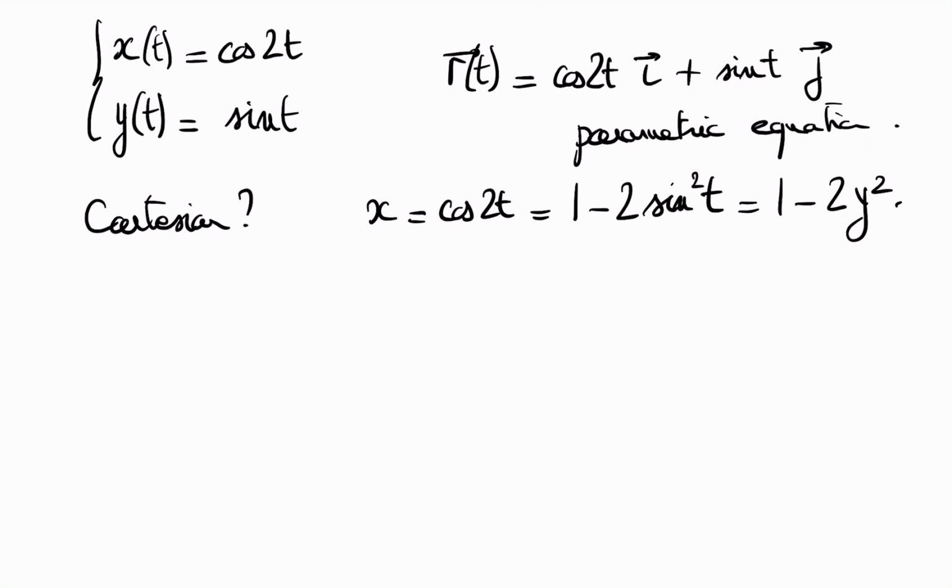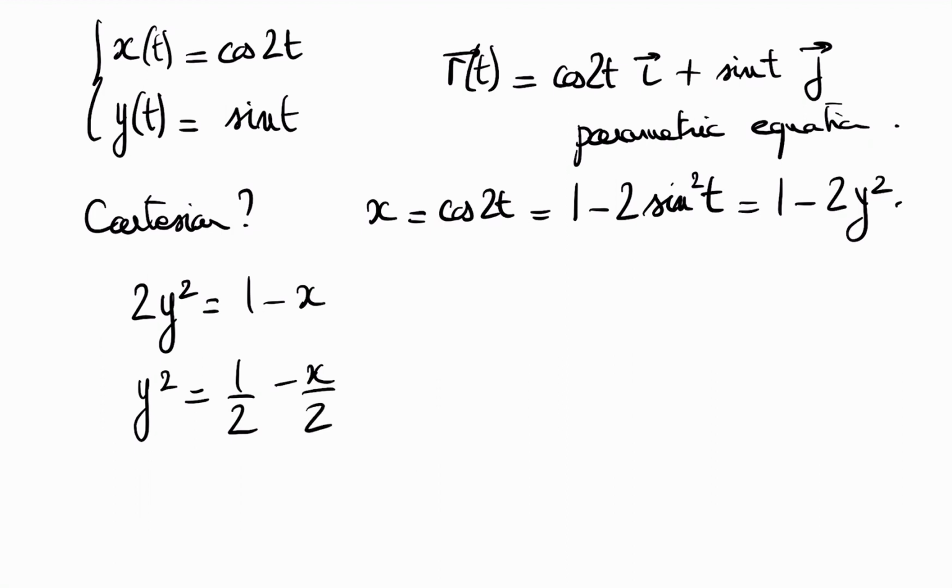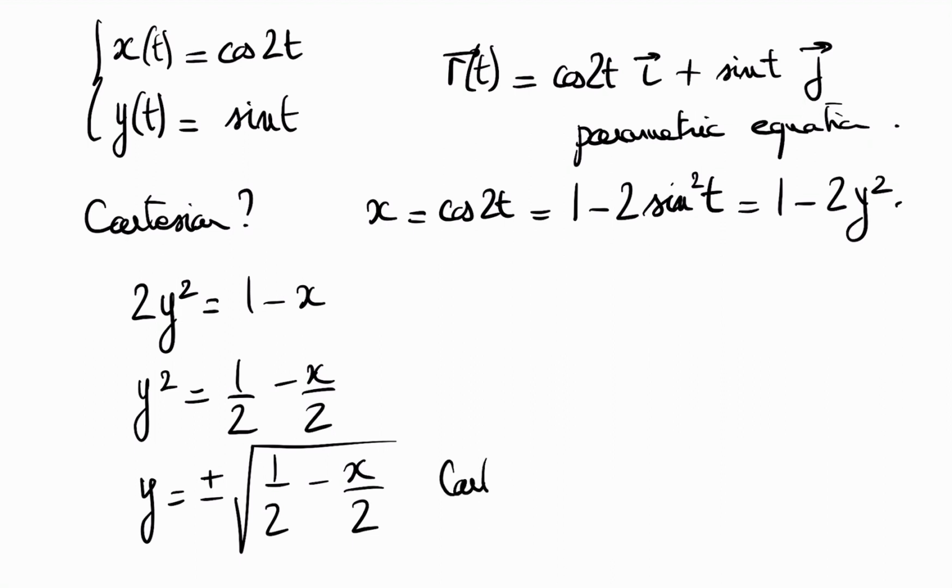So that means that 2y square is equal to 1 minus x, or y square is equal to 1/2 minus x on 2. So that means that y is equal to plus or minus root of 1/2 minus x on 2. And obviously there would be some restrictions on the value of x, which can only take values between minus 1 and 1. And this is the Cartesian equation.